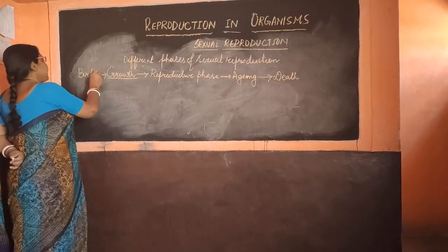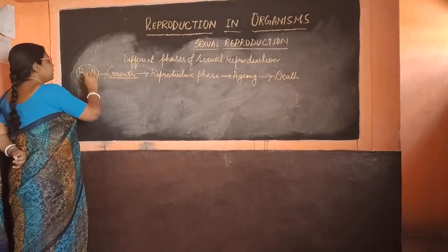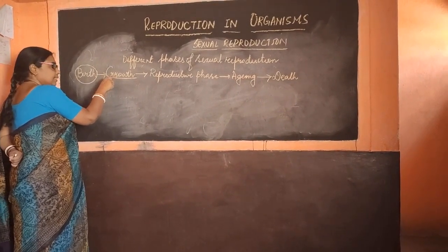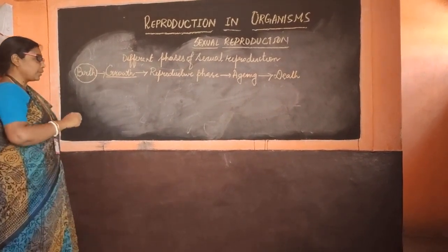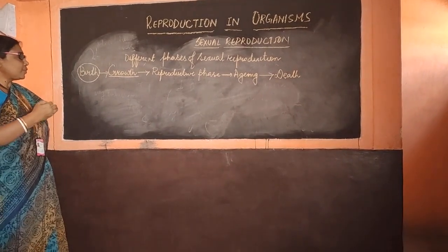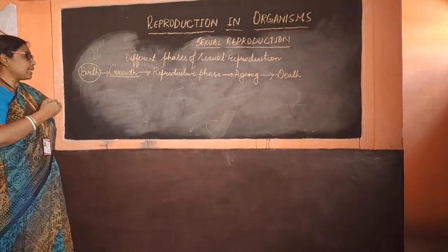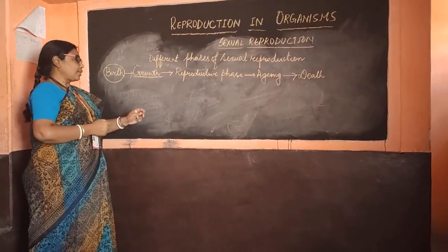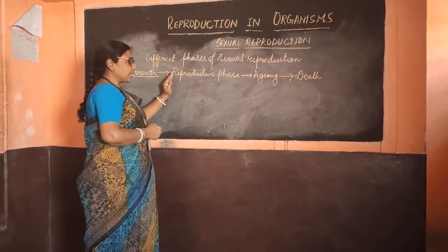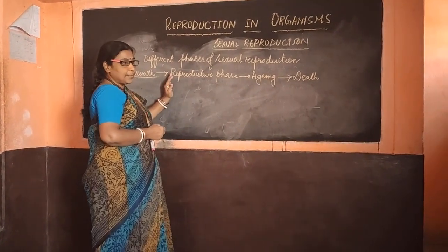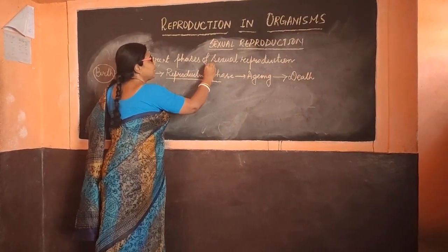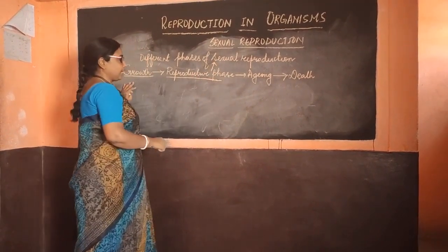But what we have to see is that after birth there is a phase of growth, and this growth has to take place until the plant reaches the reproductive phase. After the reproductive phase we will be moving to sexual reproduction.